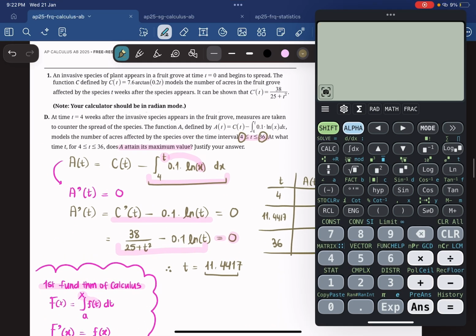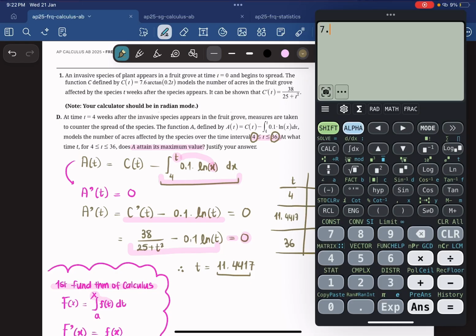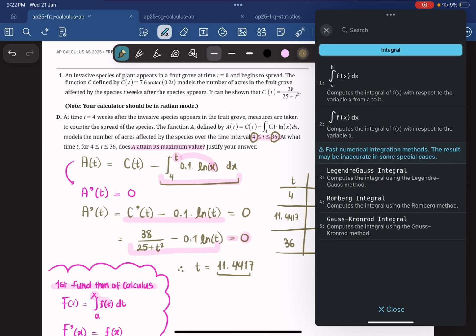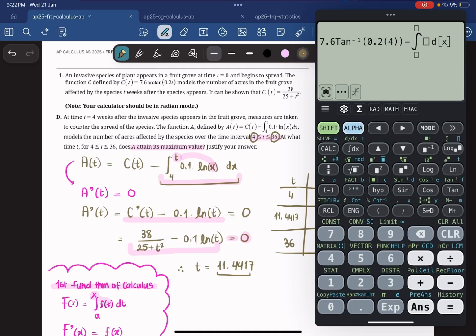A of t is represented by 7.6 tan inverse of 0.2t, with t equal to 4, minus the integral from 4 to t, so 4 to 4, of 0.1 ln x dx.